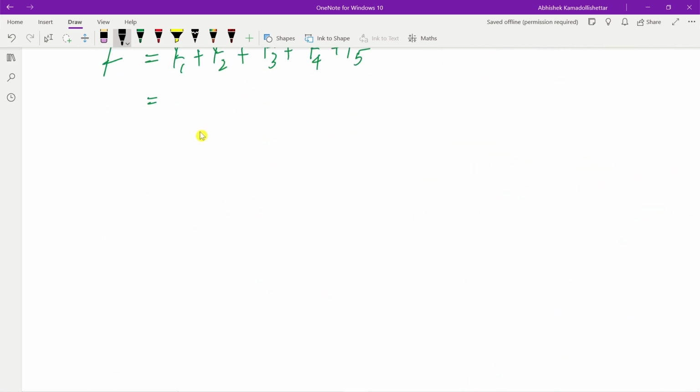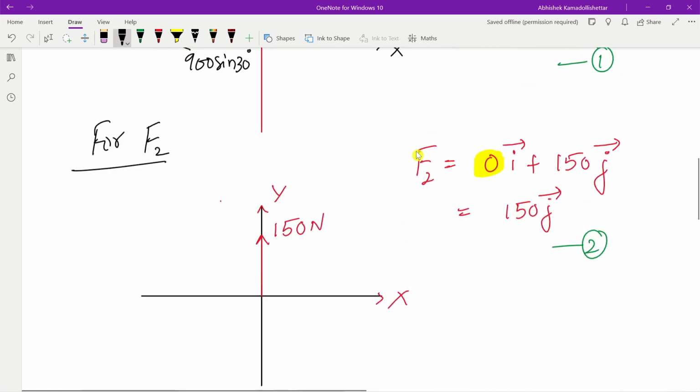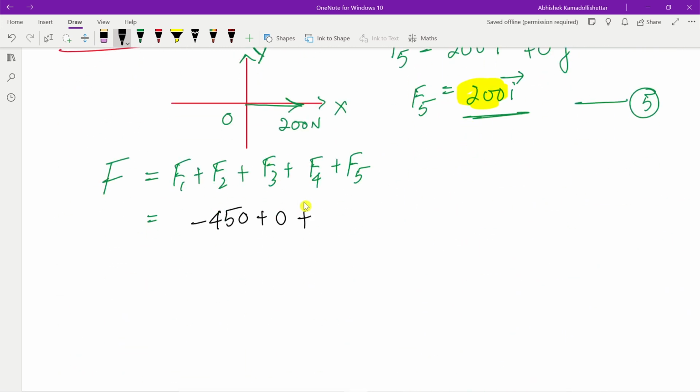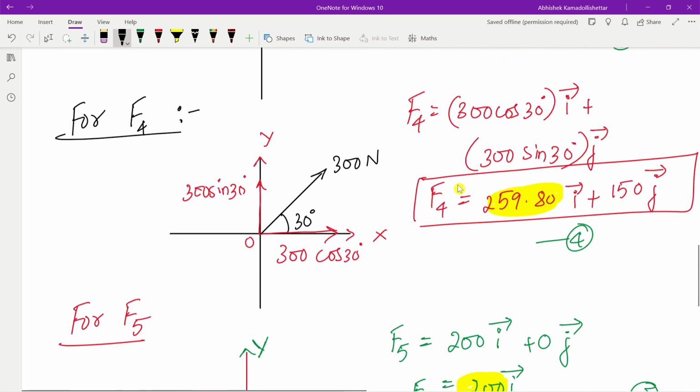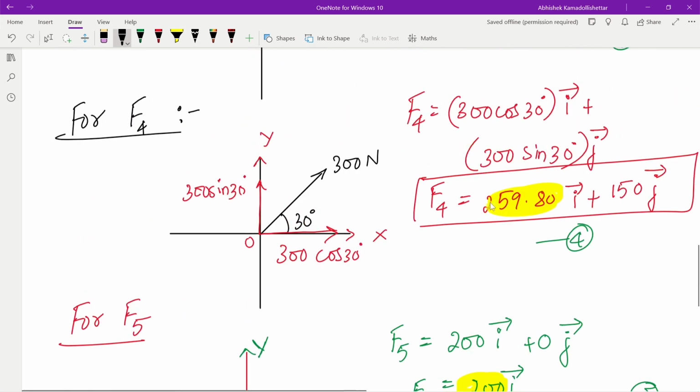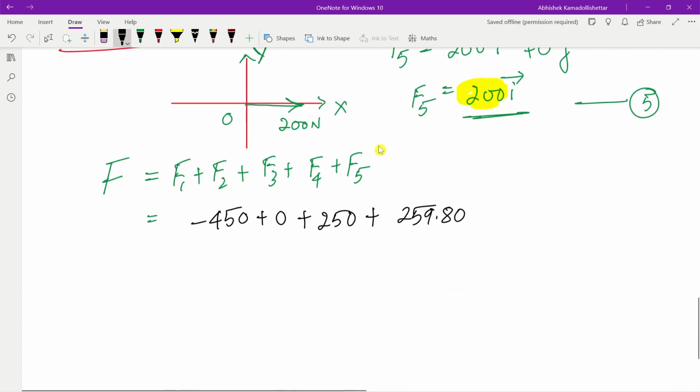So let's start writing here: minus 450 plus 0 plus 250 plus 259.80 and lastly plus 200, into vector i.